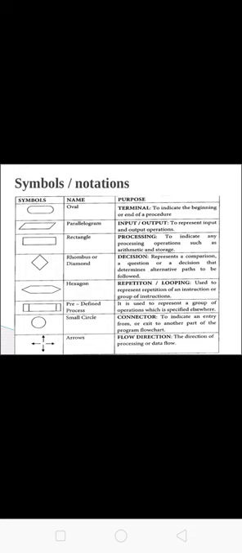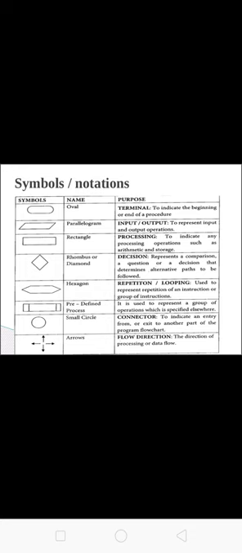Next one is rectangle. A rectangle is used for processing. For example, we can write compute sum = a + b. We use the rectangle symbol to indicate any processing operations such as arithmetic and storage. Next one is the diamond shape or rhombus symbol. Rhombus symbol is used for decision making statements and represents a comparison.